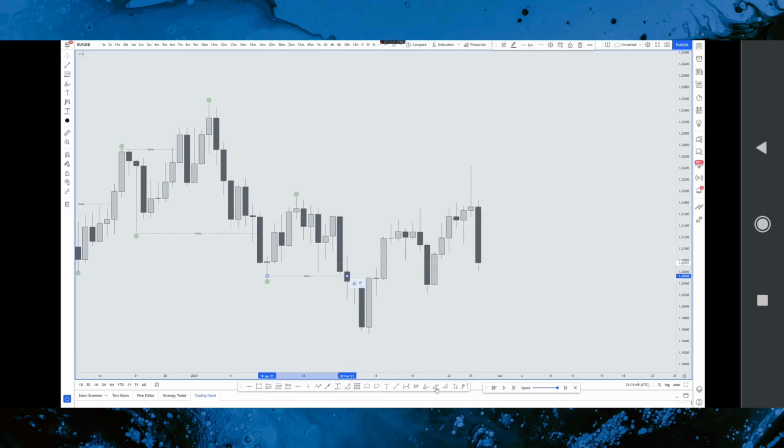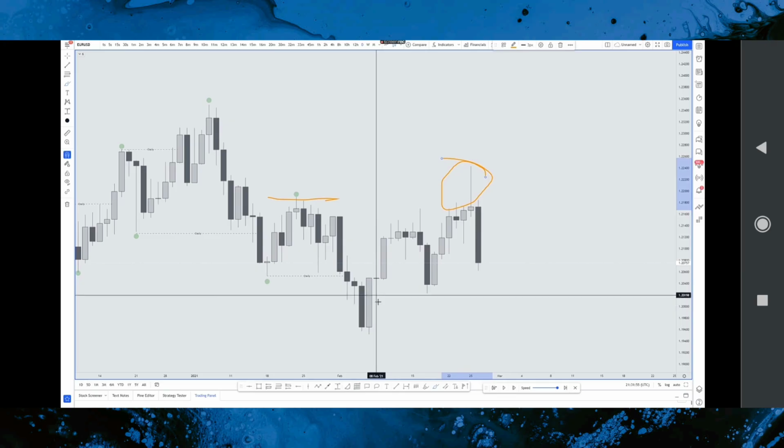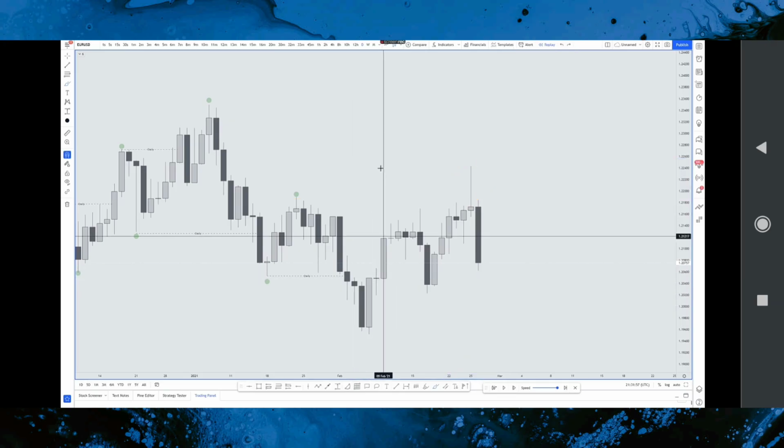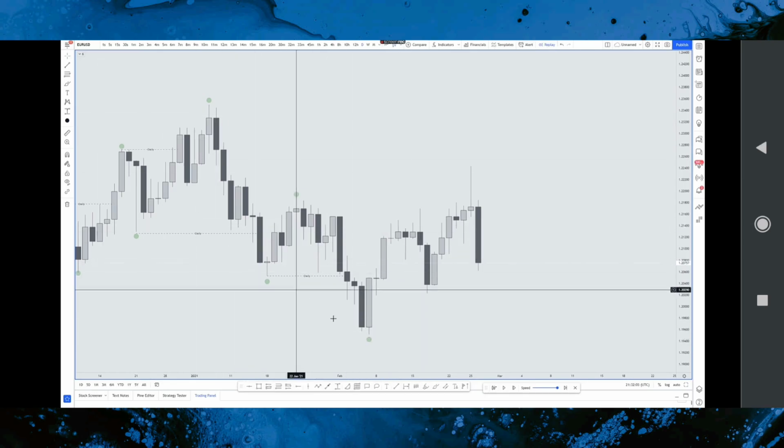So ultimately, once again, we wick above here with this wick, but no candle body yet. And what we're going to do is map this low as structure. So as of right now, we are in a confirmed bearish trend.